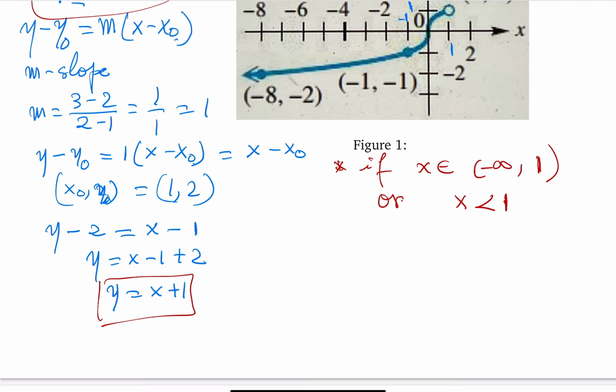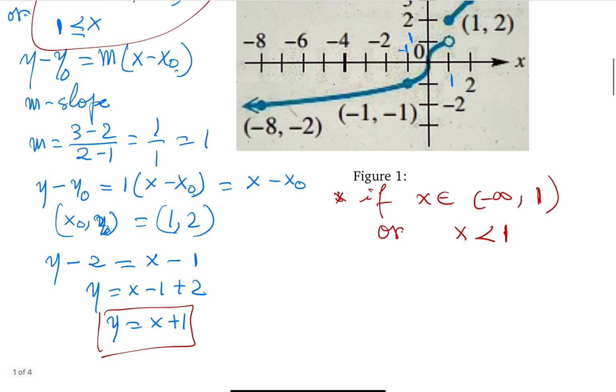Now if x is less than 1, what does the graph look like? The given graph is this one. So how can you determine the function for this one?